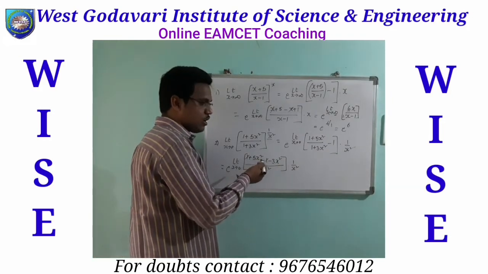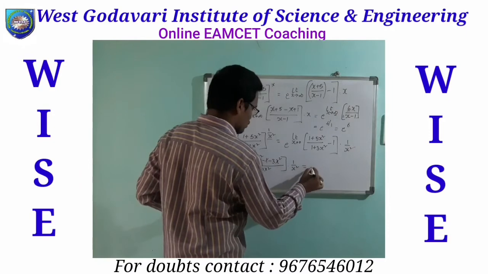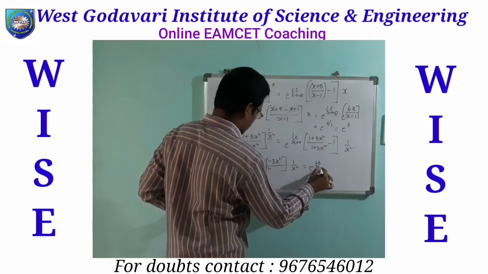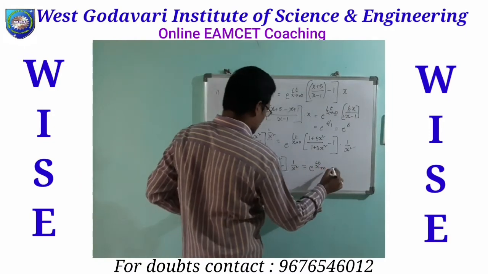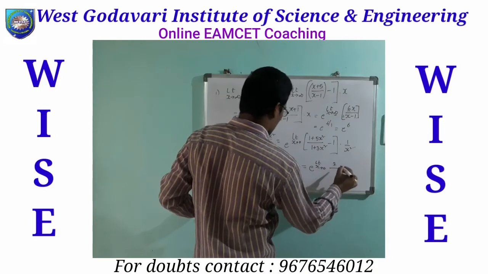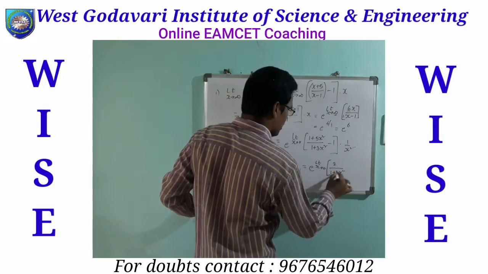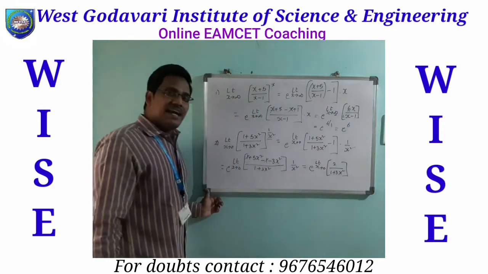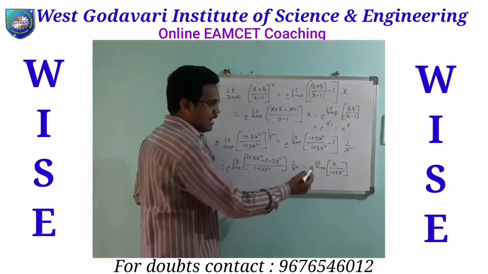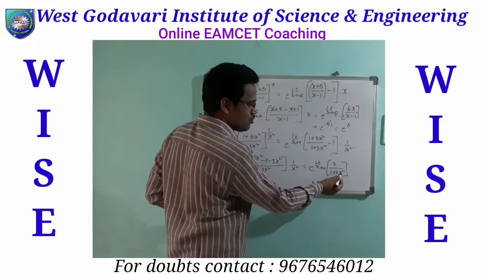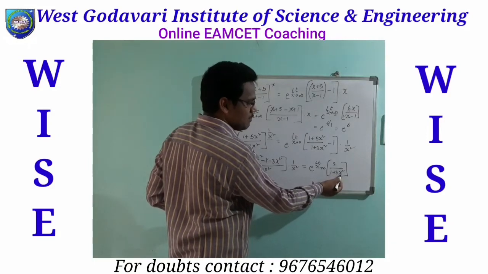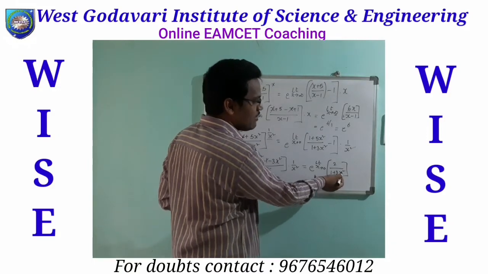Finally the numerator term is 2. So e power limit x tends to 0, 2 by 1 plus 3x square. The denominator term is 1 plus 3x square. Now substitute x tends to 0, meaning in the place of x we can substitute 0.